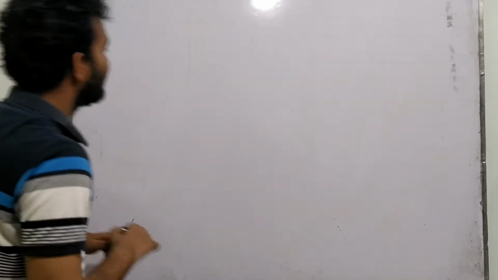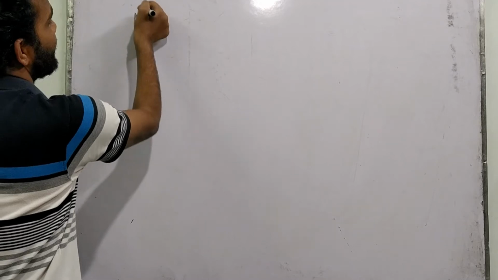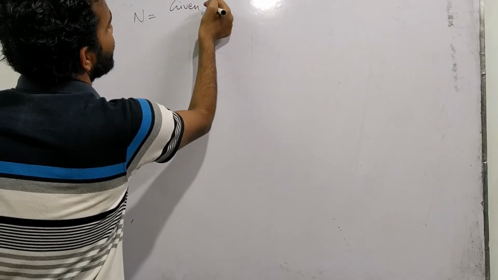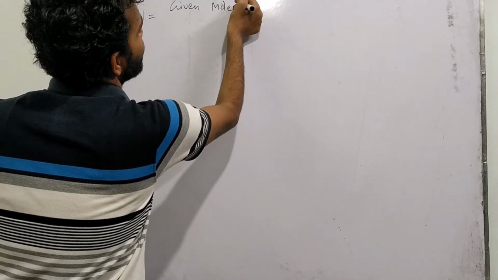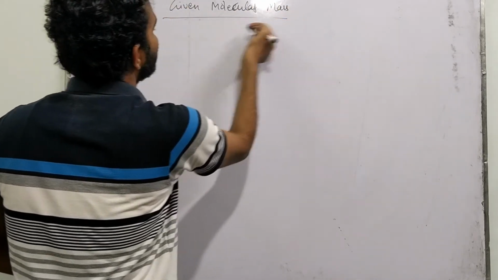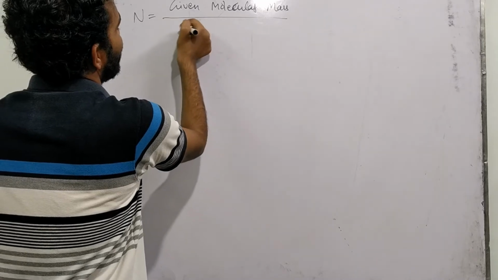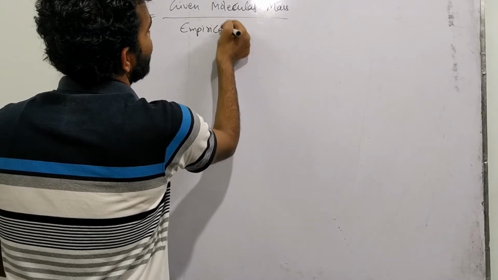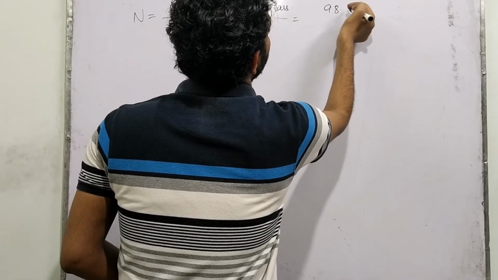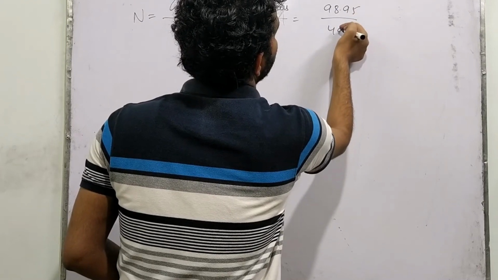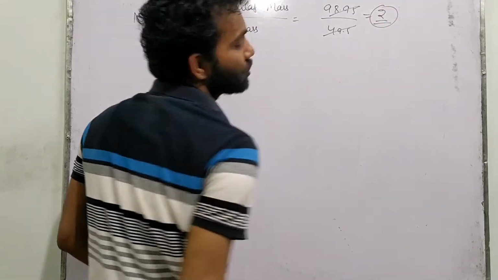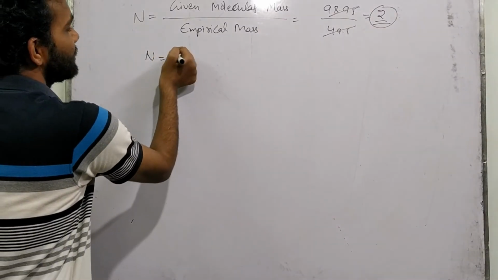For that, we have to calculate a value N. N is given molecular mass upon empirical mass, that is 98.95 upon 49.5. When you divide this, it will approximately give a value that is 2. So N value here is 2.